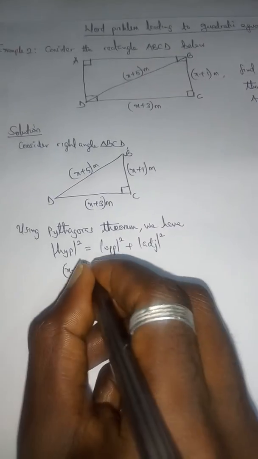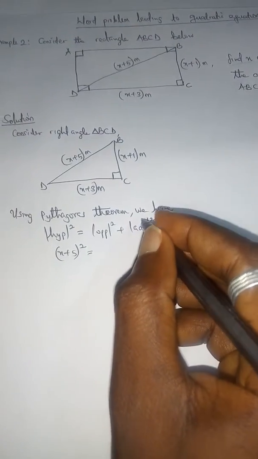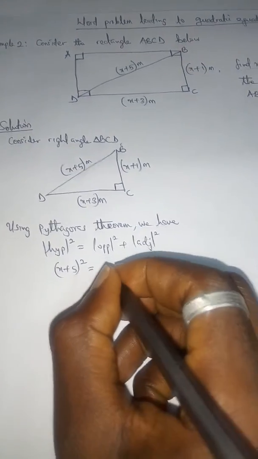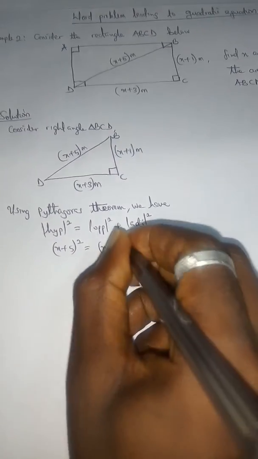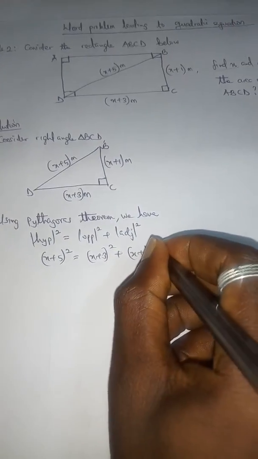That's x plus 5 square, where angle 90 faces the hypotenuse. Any of the other sides can be considered as opposite or adjacent. So x plus 3 square, x plus 1 square.